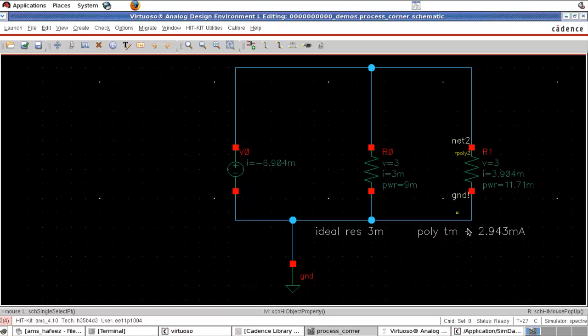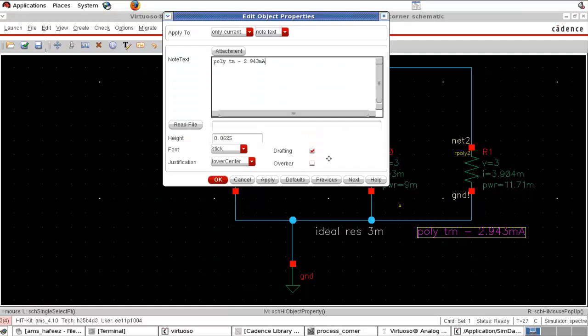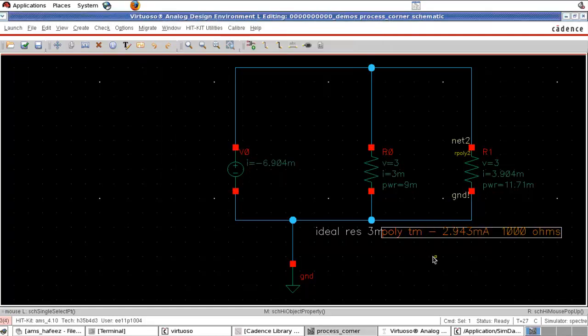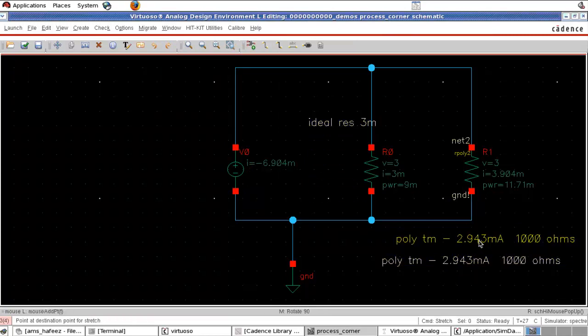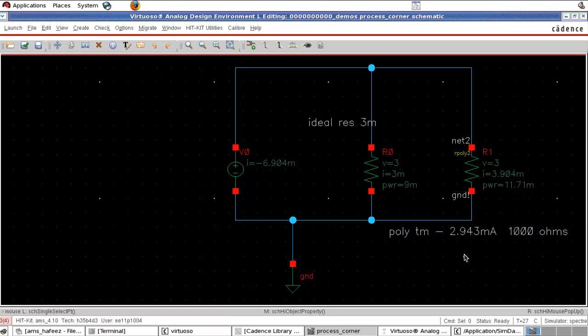Okay, we can edit this. We got 1000 ohms in the typical model. But in the worst power corner, that means the resistor minimum corner, we got the current 3.90 milliampere.